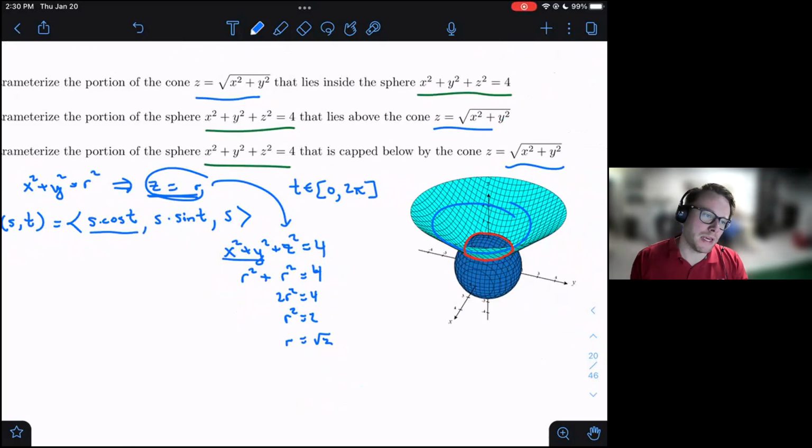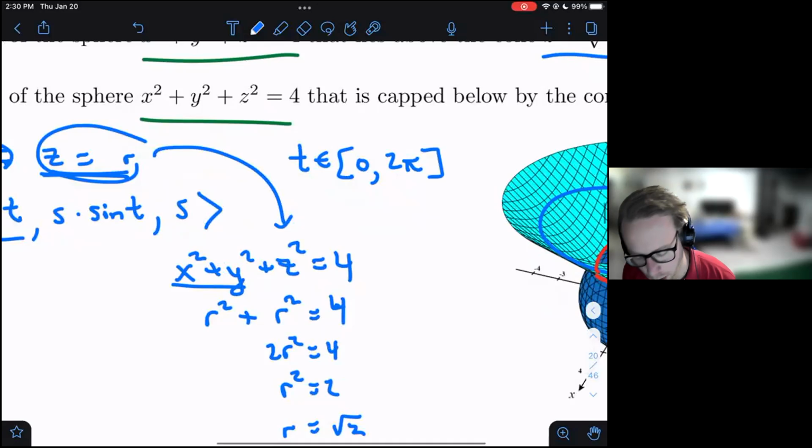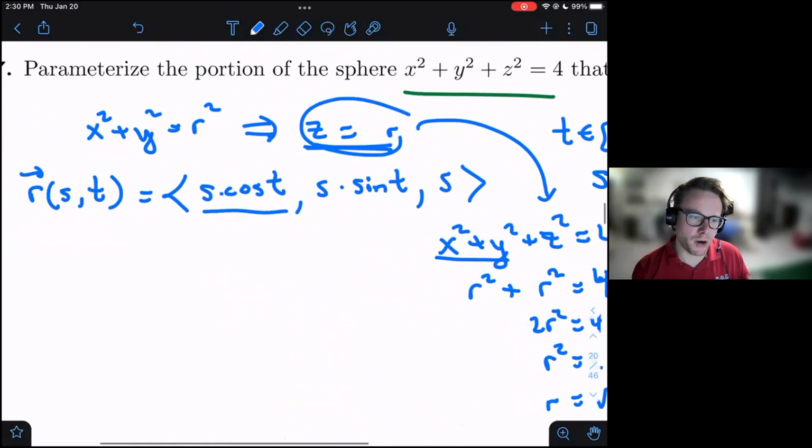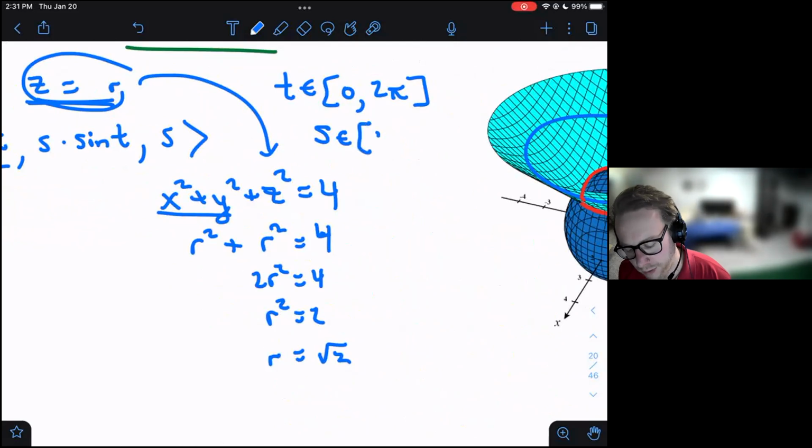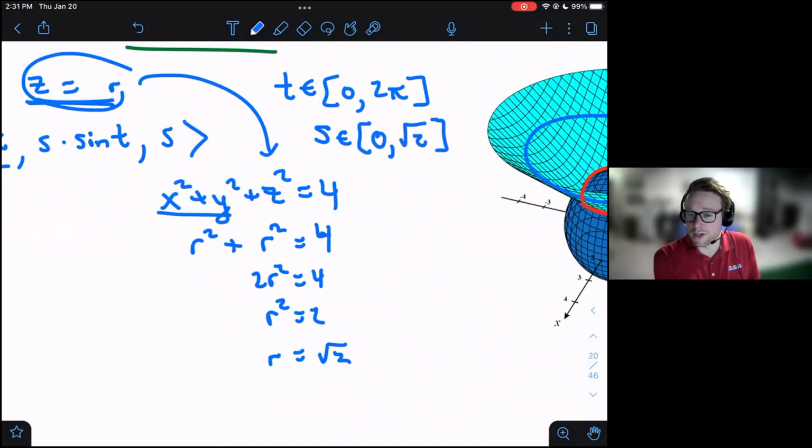So if you want the piece of the cone that doesn't go outside the sphere, you don't want your radius to be any bigger than root 2. And so what that means is that our radius, which we've been calling s, since I'm using the parameters s and t, t for theta and s for radius, we want everything from 0 all the way up to root 2, but we don't want to go any farther than that, because then you're outside of the sphere.